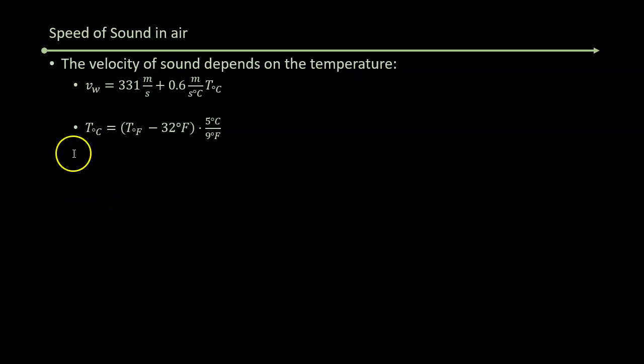And to convert from Fahrenheit to Celsius, take the temperature in Fahrenheit, minus 32 degrees Fahrenheit, times 5/9, and it's really 5 degrees C per 9 degrees Fahrenheit, which gets us to our temperature in Celsius.